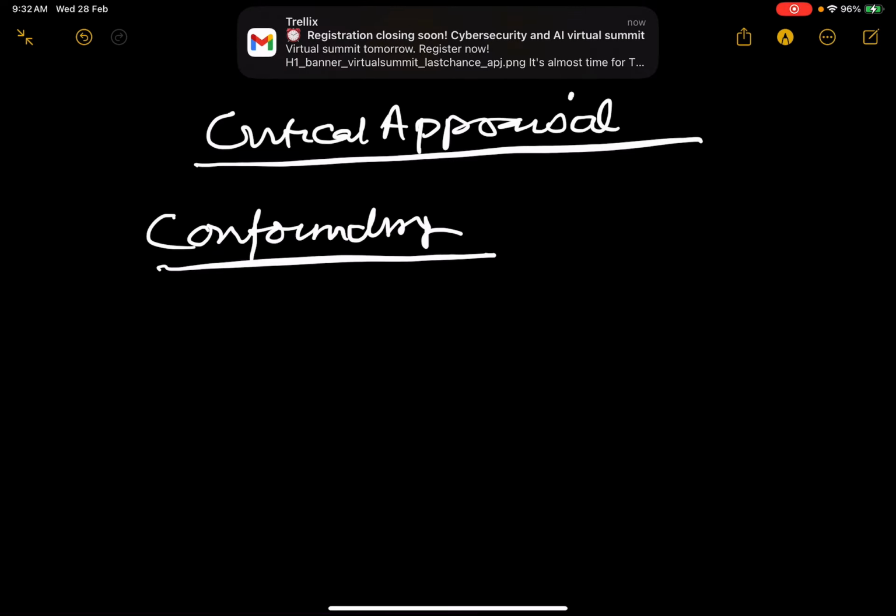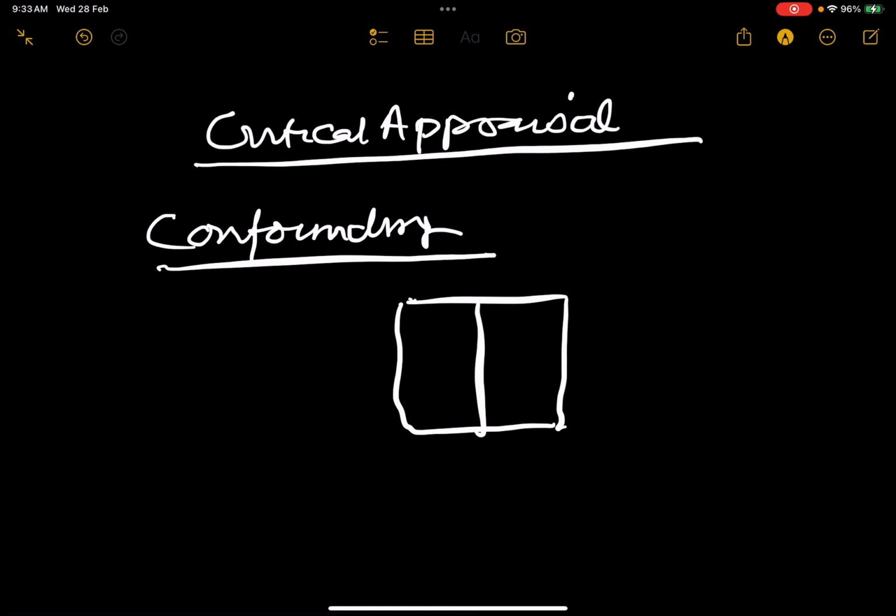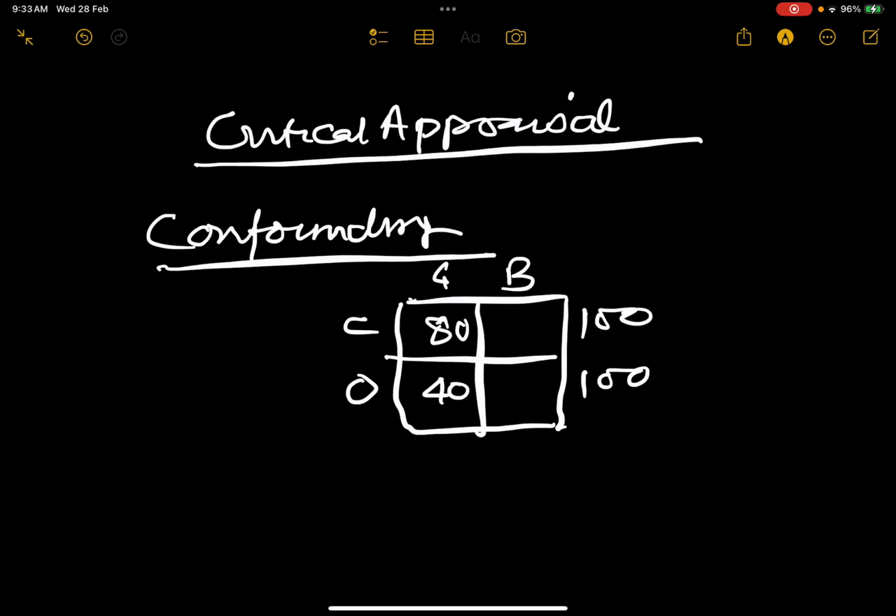For example, if I say that conservative treatment of intercondylar fractures versus operative treatment and good results and bad results, supposing 80 out of 100 had good results in the conservative group and 40 out of 100 had good results in the operative group.